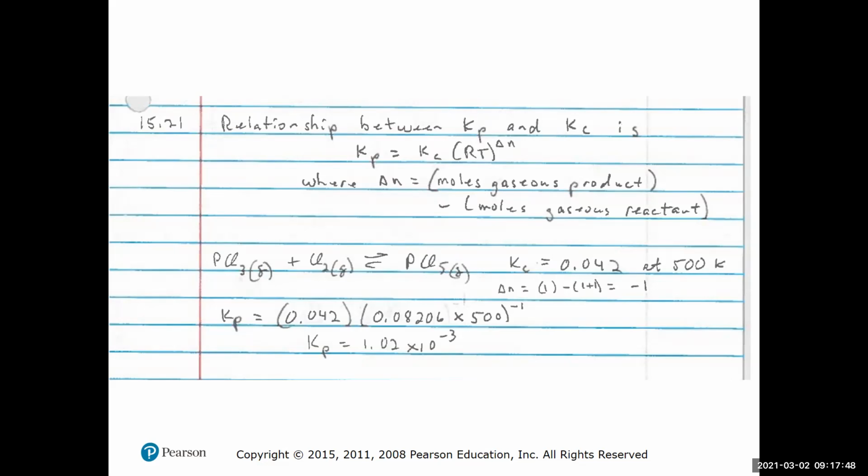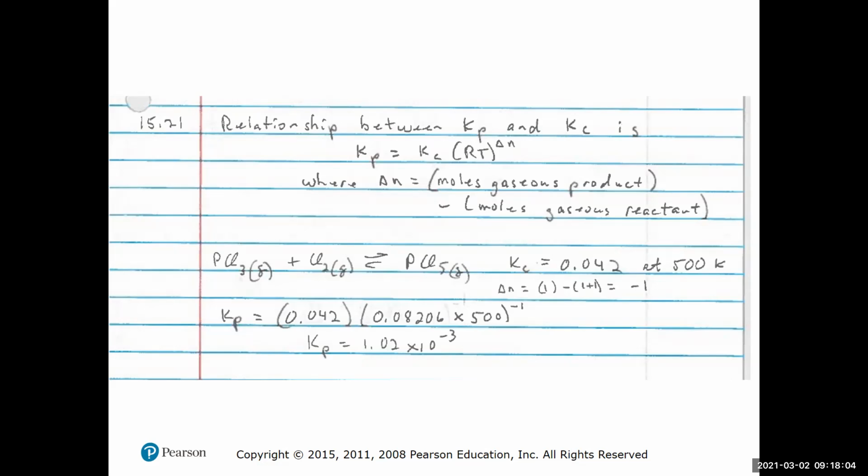We take 0.08206 times 500, and we take that to the -1 power, in other words 1 over it, and then times 0.042. If we do that, we get a value of 1.02 times 10 to the -3.